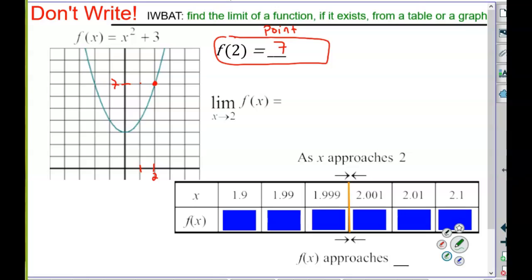So, what if I had a table and I want to see this part right here? As x approaches 2, this little arrow stands for the word approaches. All right, now, if I approach 2, I have 2 options. I can approach 2 from the left-hand side.